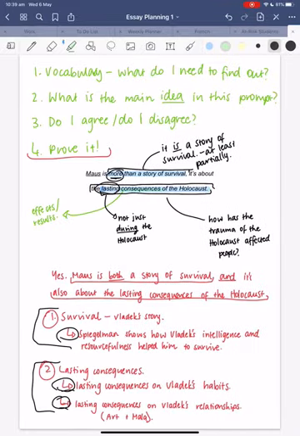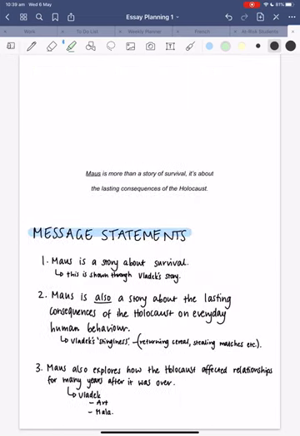And we've also turned our ideas about the contention and the reasons why we say that contention is right into three message statements, one, two, three, that we can then gather evidence for.